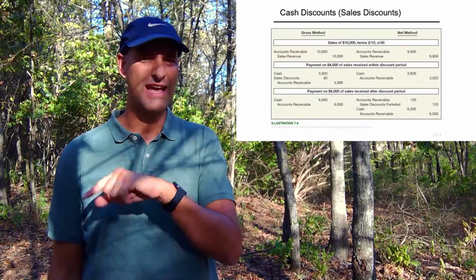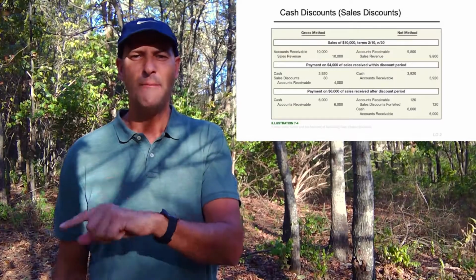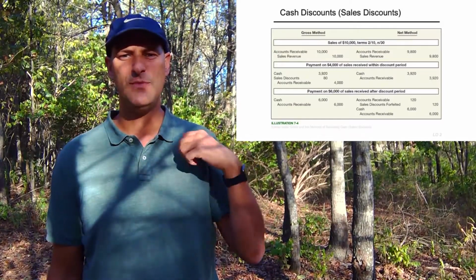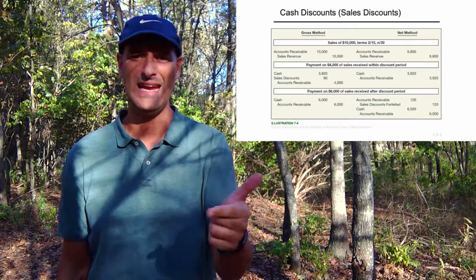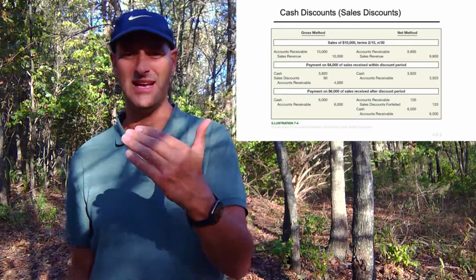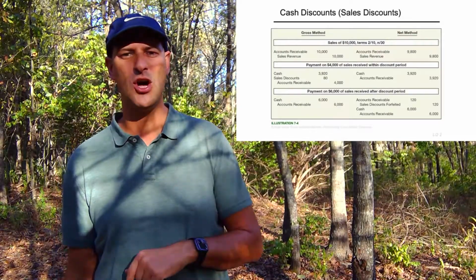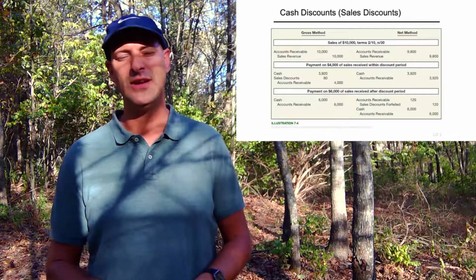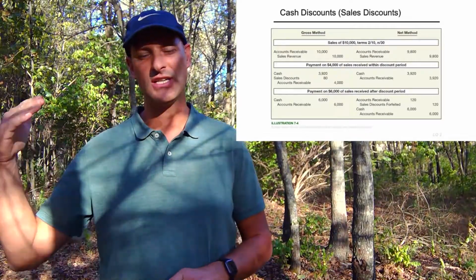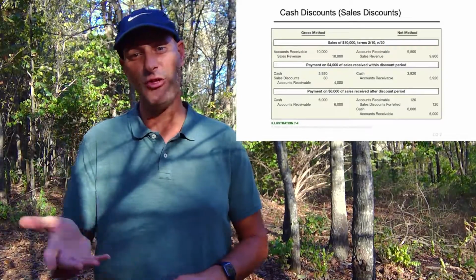We relieve their accounts receivable for the full amount, but we first have to increase their accounts receivable for the discount that they didn't take to bring their accounts receivable up to the $10,000 or the gross amount, and then record what we call a sales discounts forfeited. Sales discounts forfeited is essentially an adjunct sales account. It increases the amount of sales for the period.